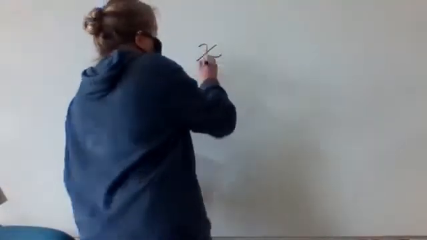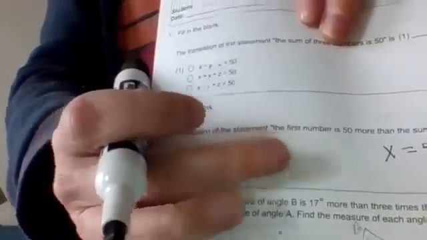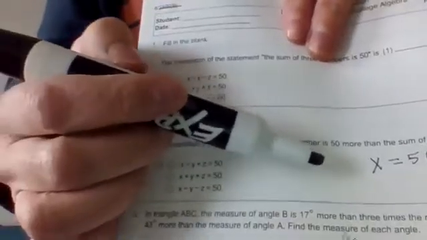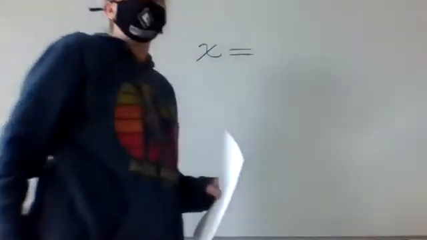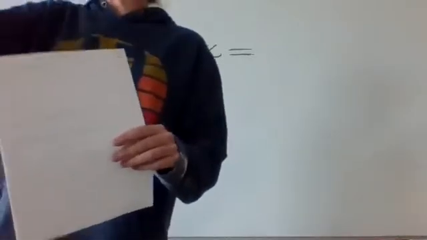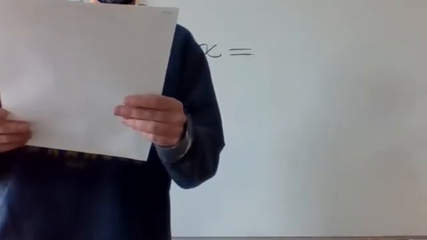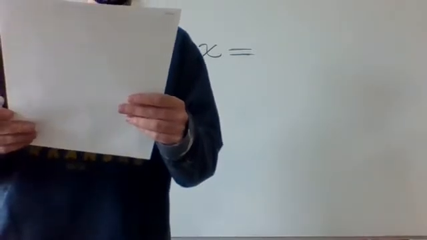And then look at what it says after the phrase, the first number. After it says the first number, that is where you see the word is. Wherever you see the word is, that's where your equal sign is going to go. Now, on the other side of the equal sign, it says 50 more than the sum of the other 2 numbers.